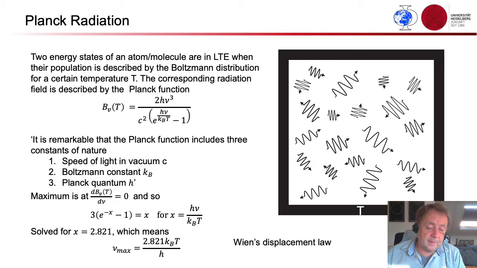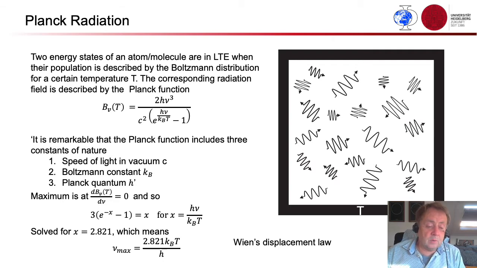We require that that is 0, and doing so we can reformulate that equation in the form 3 times the exponential function to the power of minus x, x we will define in a second, minus 1 equal to x. So that is equivalent to setting the derivative to 0, where x is the ratio of Planck constant h times frequency divided by Boltzmann constant times temperature.